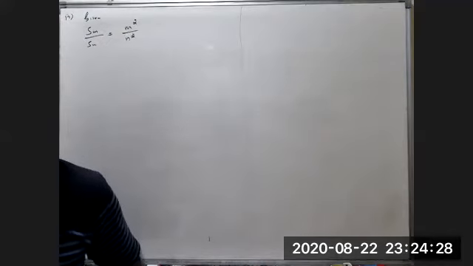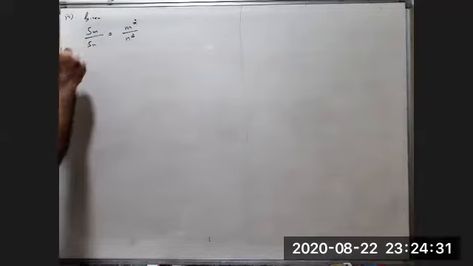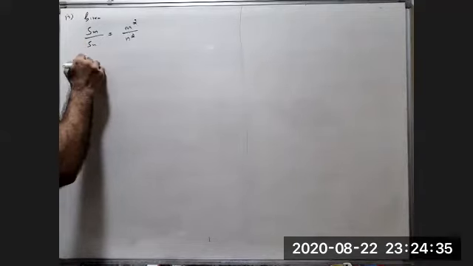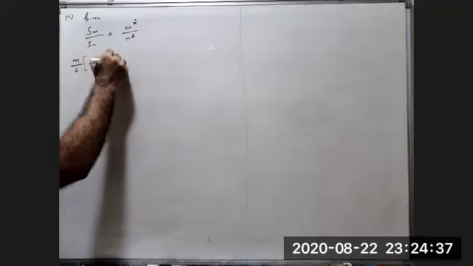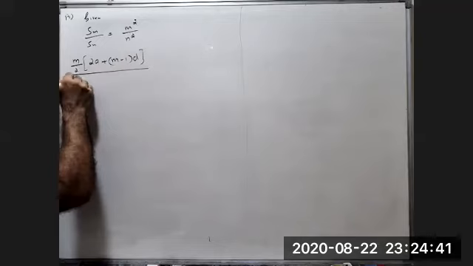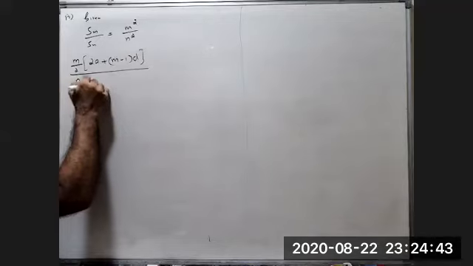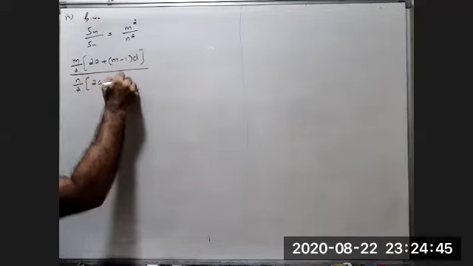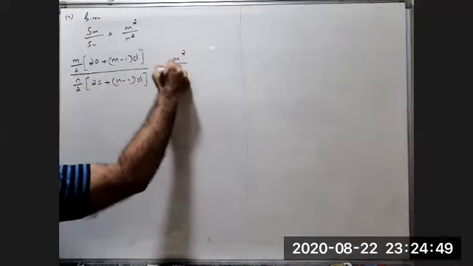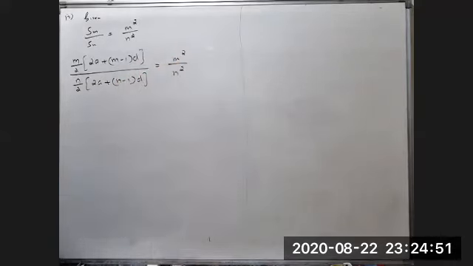That's the idea. So the sum of m terms by the formula m by 2, 2a plus m minus 1 into d, by n by 2, 2a plus n minus 1 into d, is equal to m square by n square. That is given.